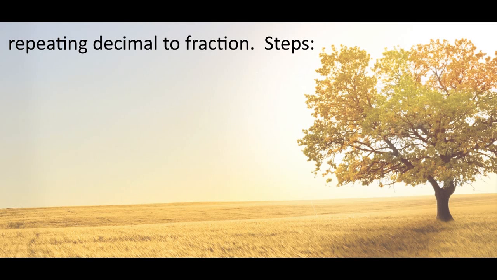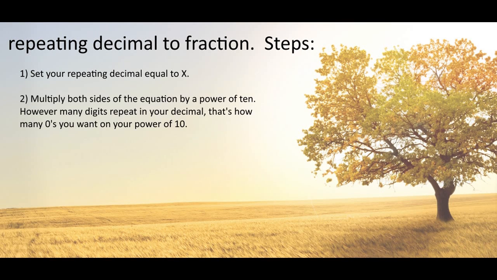Well, let's go over the steps. Step number 1, we take our repeating decimal and we set it equal to x and form an equation. Next, we multiply both sides of the equation by a power of 10. What power of 10 do we use?